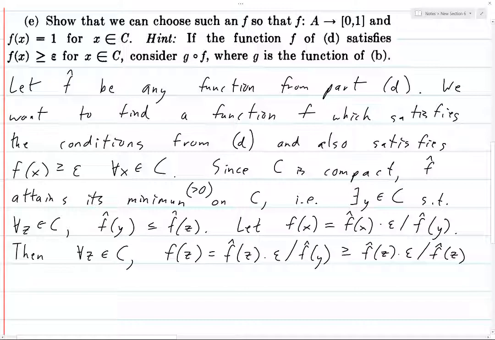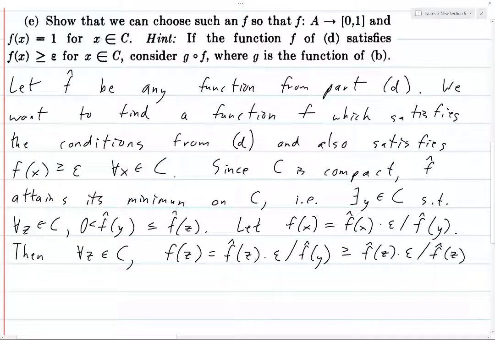We need to ensure that there is a point such that f hat of y is strictly greater than 0, and it's strictly greater than 0 because f hat is strictly greater than 0 on the entire compact set C, but it's also the minimum. So the fact that f hat is strictly positive means that we're not dividing by 0 here.